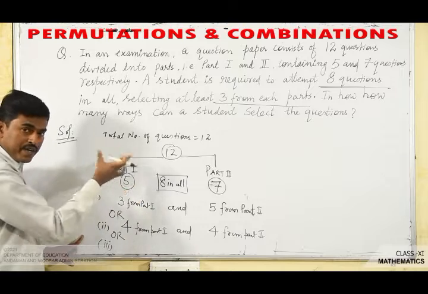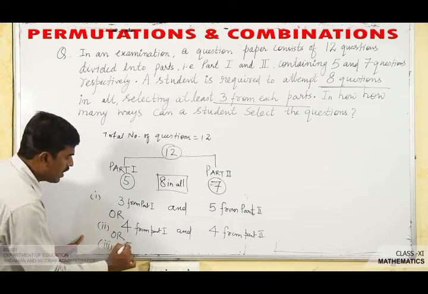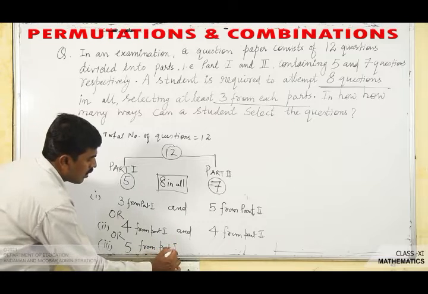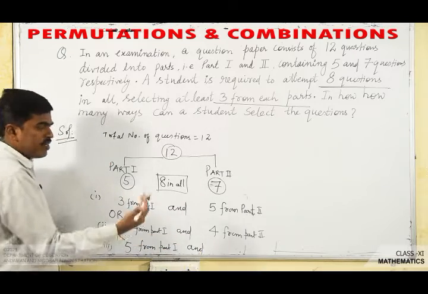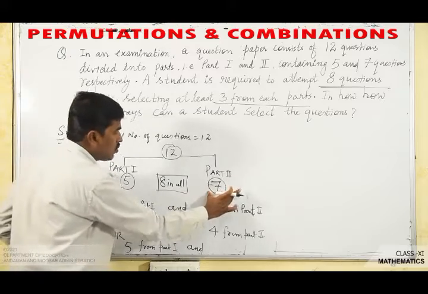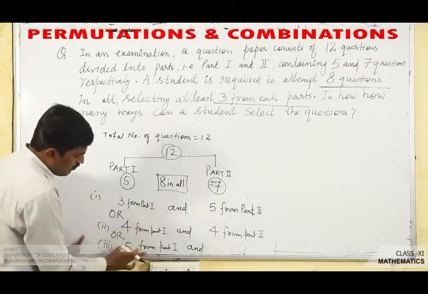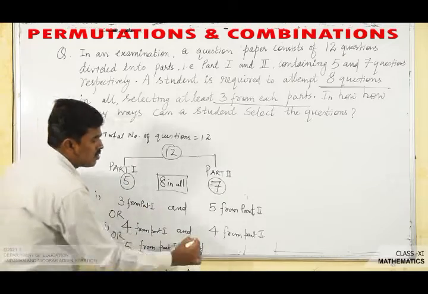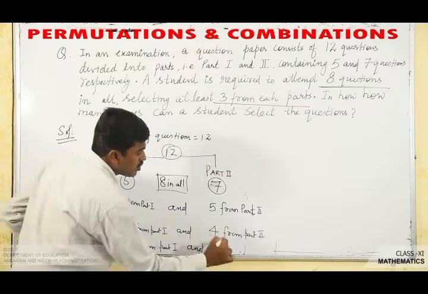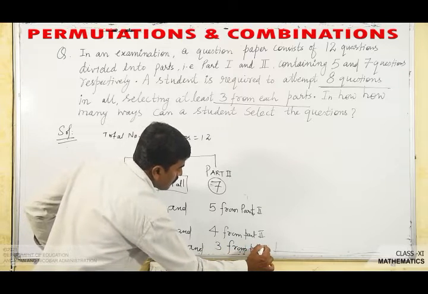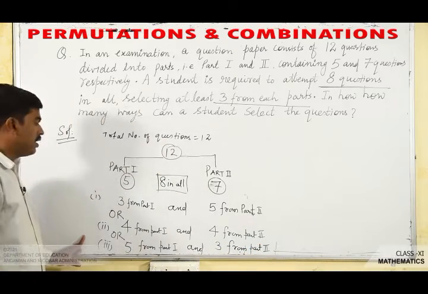Now he has to attempt 8 questions in all, so having selected 5 from part 1, he has to select 3 questions from part 2. Clear?